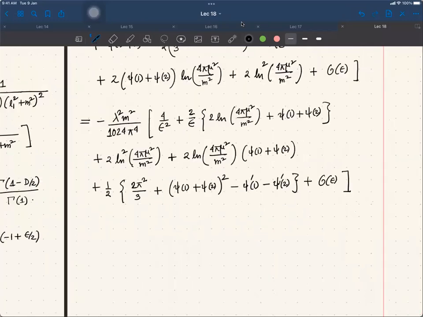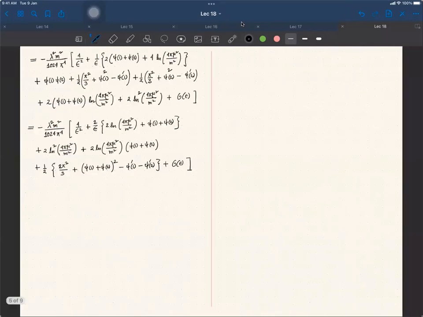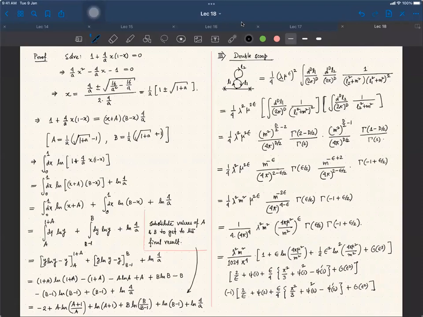Okay, so that is the result for scoop, double scoop. So I have used these two slides.